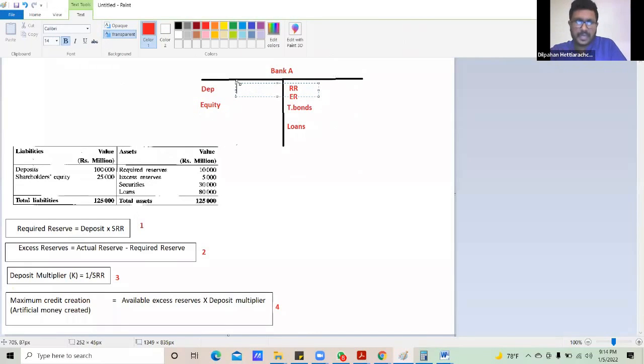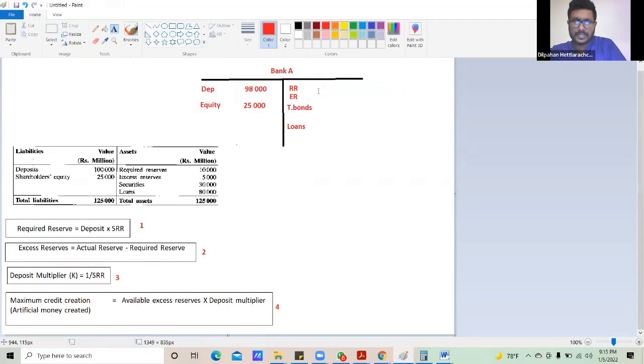So now do we have 100,000 deposits? No. We gave out 2000 and now the liability is only 98,000. So Ching Chong Chang's 2000 is not there anymore. So deposit is 98,000. Shareholders' equity, is there any change? No. Required reserves, how much?